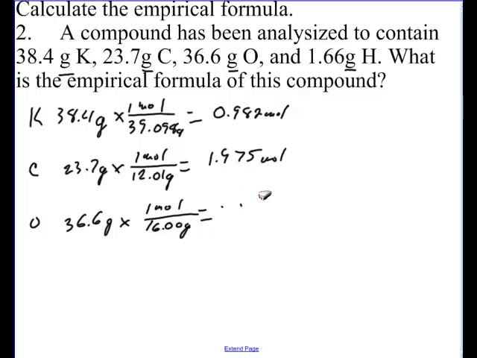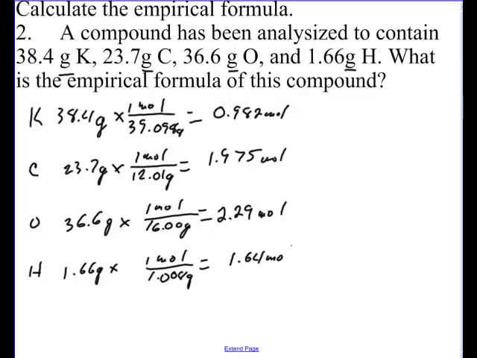Sorry about this, we're having some technical difficulties here, guys. Maybe I'm writing too fast. And then last but not least, we have hydrogen, which is 1.66 grams. 1 mole of hydrogen is 1.008 grams, and you get 1.64 moles. So we've got our second step, grams to moles.